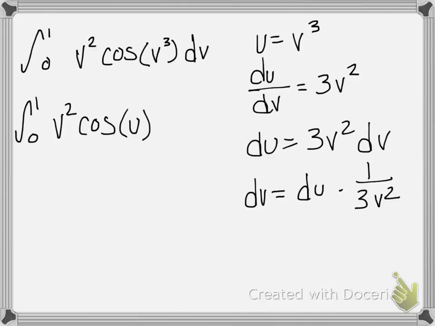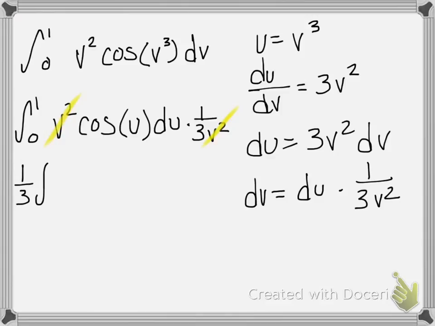And dv was du times 1 over 3 v squared. As you can tell, v squared and v squared are going to cancel each other out. So we're left with a 1/3, which is a constant, so we can pull that outside the integral.